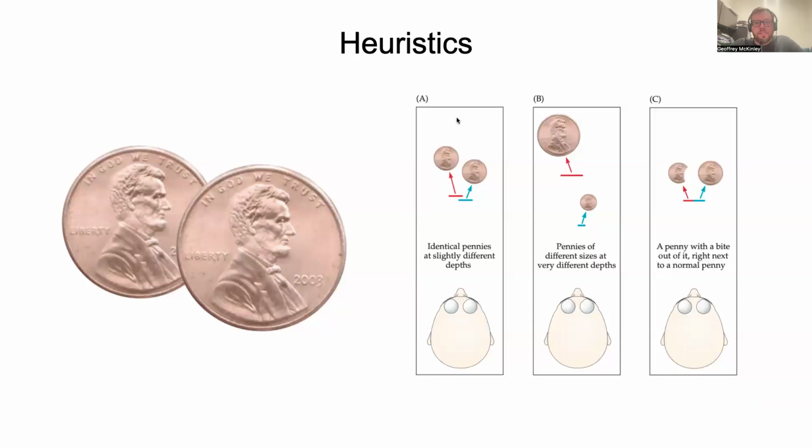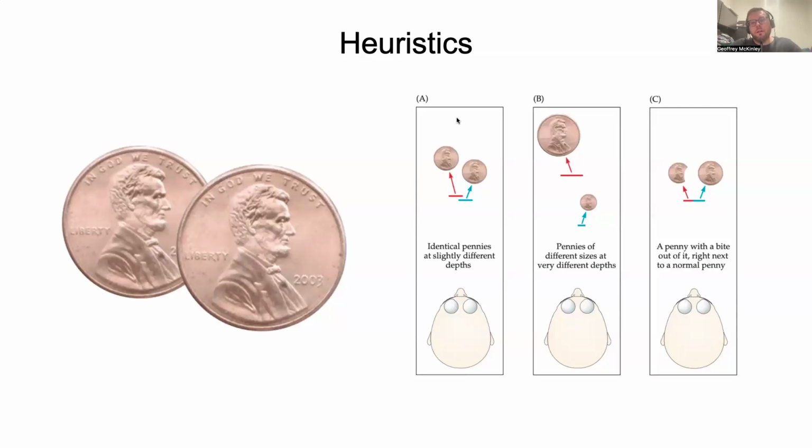But more importantly, things get smaller the farther away they get from us, and also the farther away penny is occluded by the other one, which suggests that that penny's farther away. Therefore, you probably perceive this as two pennies of the same size, and the farther one is just simply a little bit smaller because it's farther away.